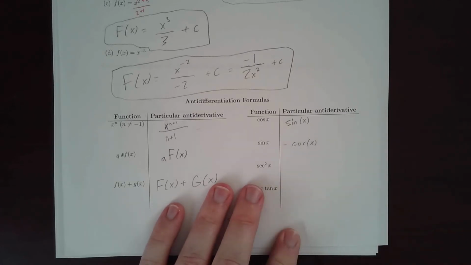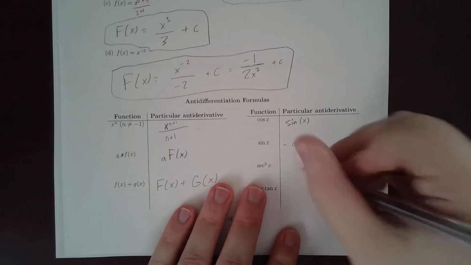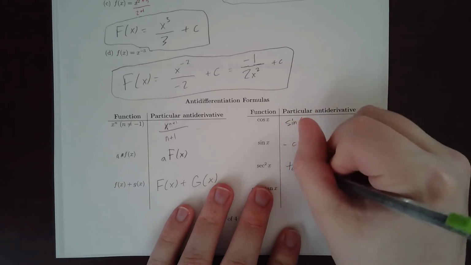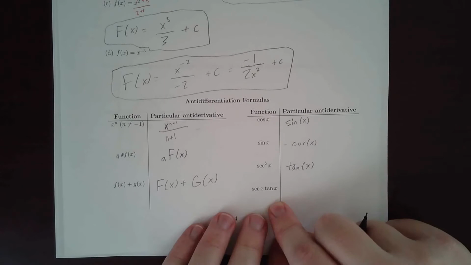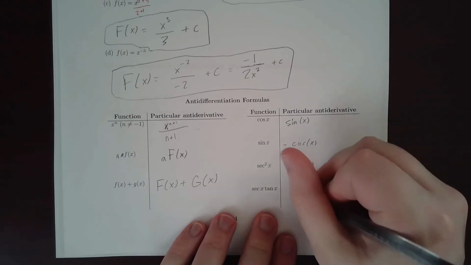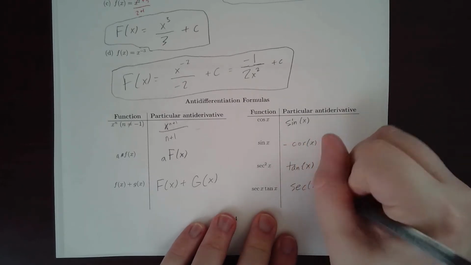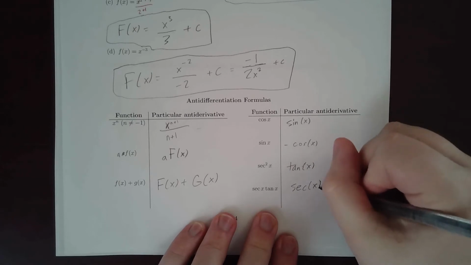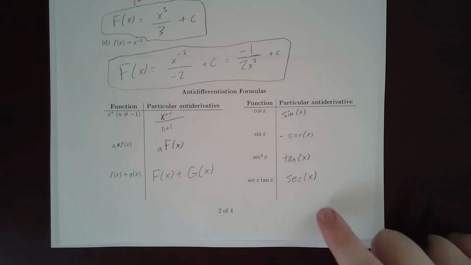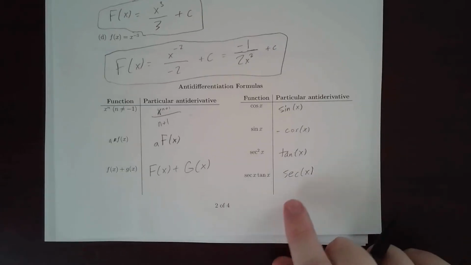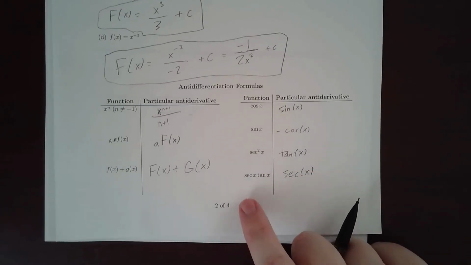Secant squared, remember that we take the derivative of tangent to get secant squared, so that'll be tangent of x. And secant x tan x will be just secant of x. So remember, the derivative of secant is secant tangent. So it'll come down to what function do I take the derivative of in order to get this function.